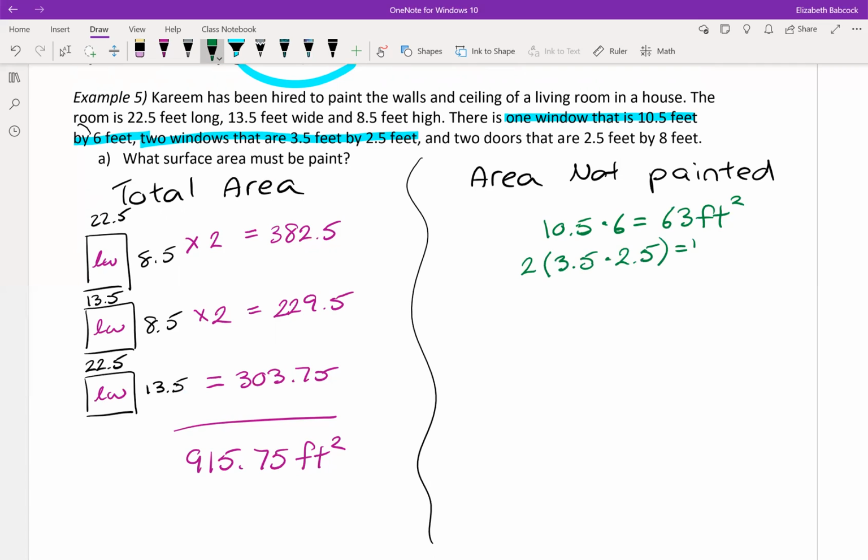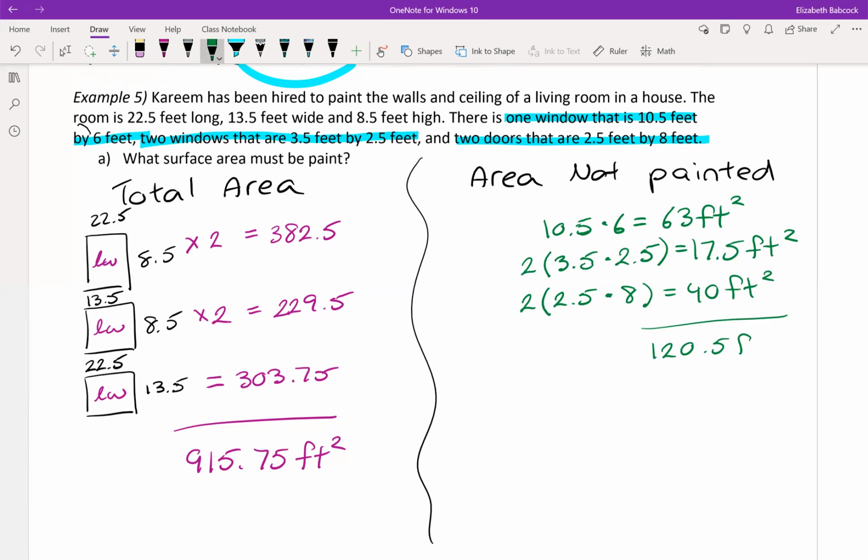That gets us an area of 17.5 feet squared. And lastly, we have two doors that are 2.5 by 8 feet. Two doors, 2.5 by 8, which gets us an area of 40 feet squared. That gets us a total area that's not being painted of 120.5 feet squared.